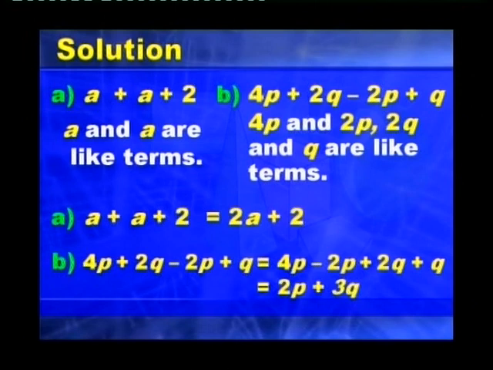And 2Q plus Q is 3Q. 2Q plus 1Q is equal to 3Q. It's just like 2 plus 1. And in the above example, 4P minus 2P is just like 4 minus 2 is equal to 2.